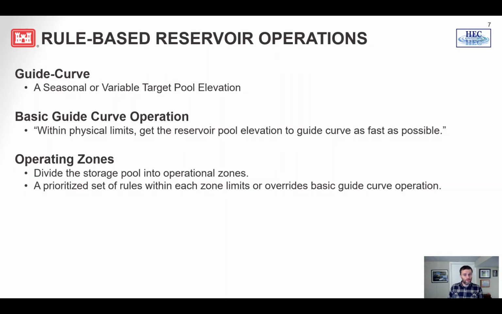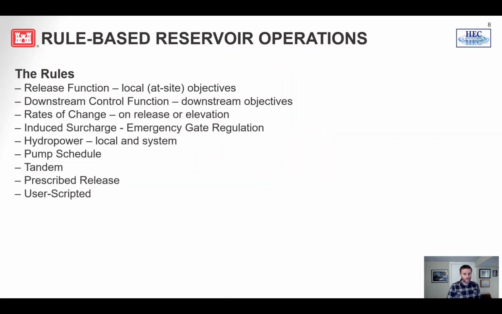There could be very few, depending upon how complicated the reservoir set is. And then each one of those zones is where you're going to define the rules. Some rules can be applied to all zones, because they may apply to all of them. And some zones may have a particular rule set that only applies there, because it's the only time that rule gets applied. So that's the physical constraint of getting the reservoir back to guide curve, and that's what ResSim is doing.